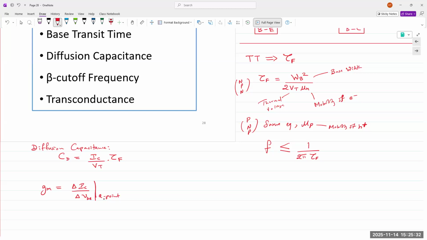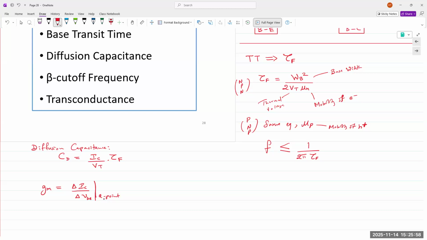There is beta F and beta R. Beta F, the forward current gain, we specify as a single number, and we assume it would be the same for most range of operations, but that is not true. It is frequency dependent, and there's an upper limit on the beta value.